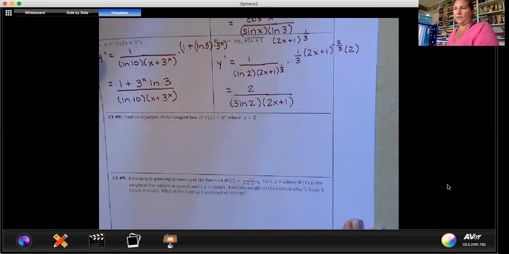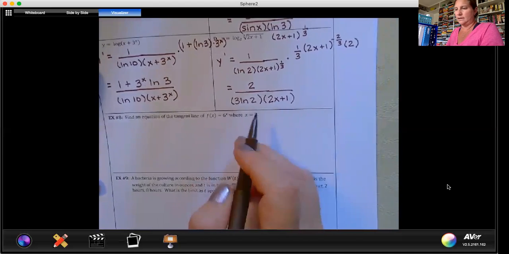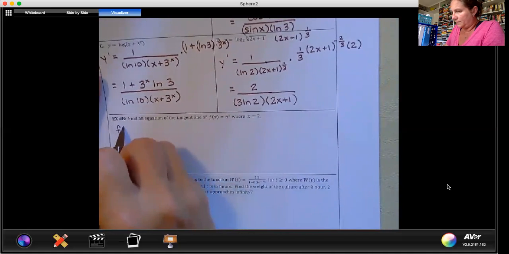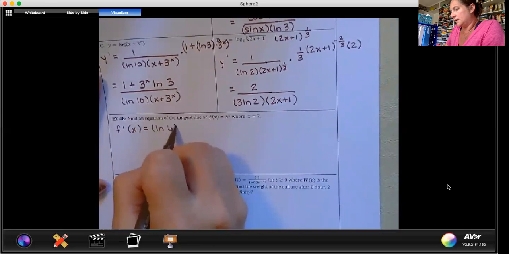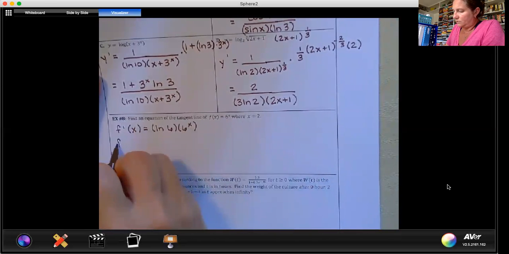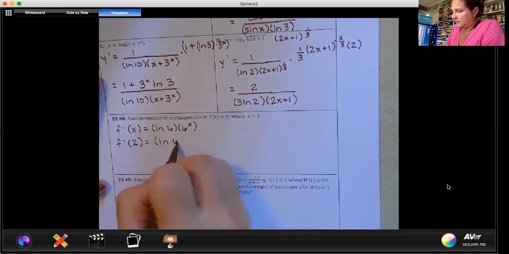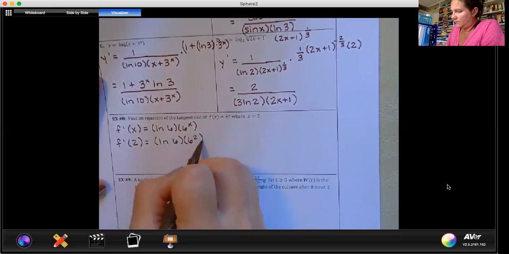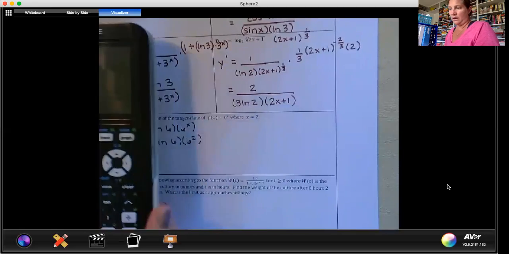Example 8, find an equation of the tangent line of f of x equals 6 to the x power where x is equal to 2. So f prime is ln 6 times 6 to the x power. F prime of 2 finds our slope. So ln 6 times 6 squared. And I'm going to use my calculator and not round.